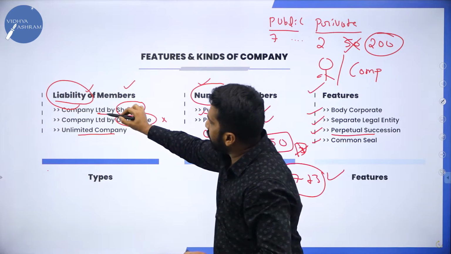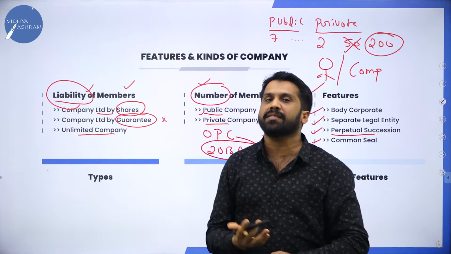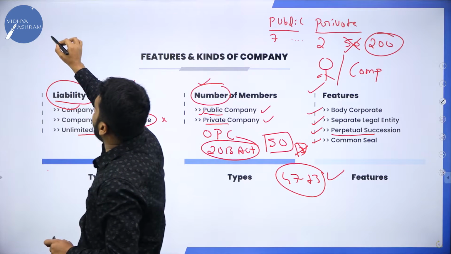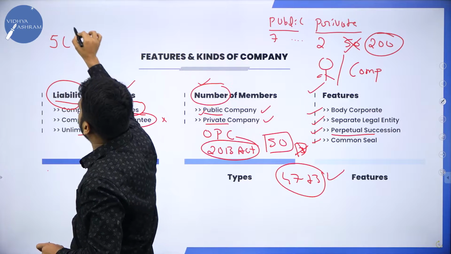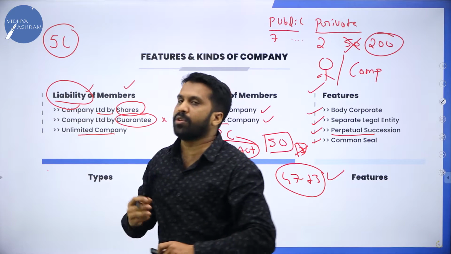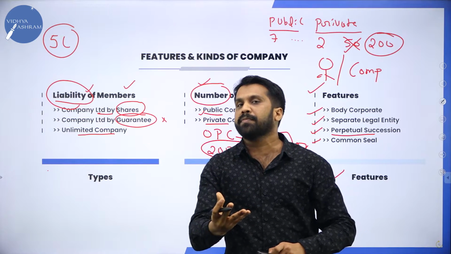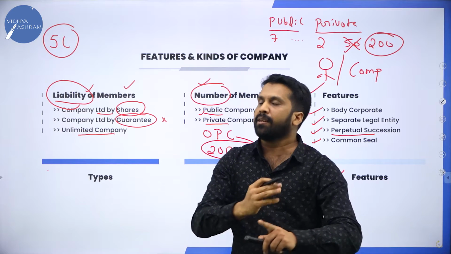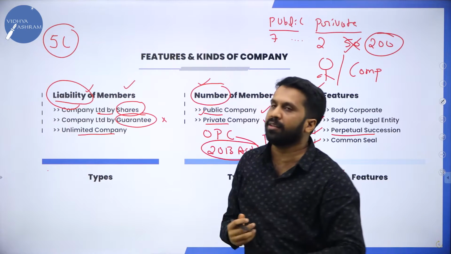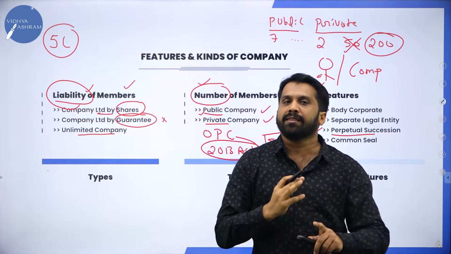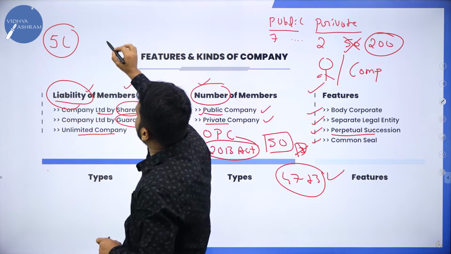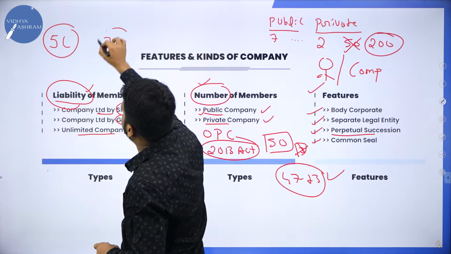Limited by shares means, for example, you have invested 5 lakh. This includes your investment, your premium, your profit, everything. How much is your share capital? 5 lakh. Now, how much is payable to outsiders?